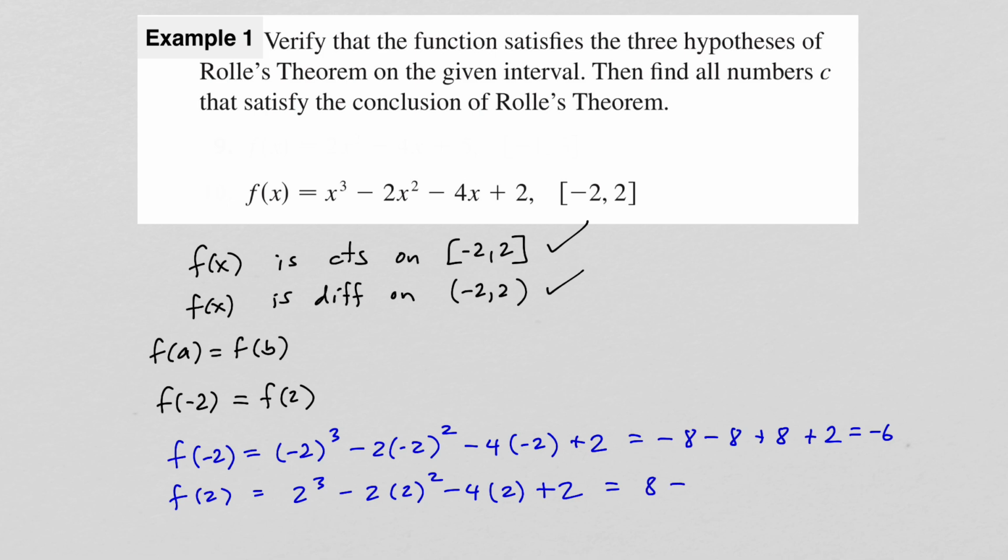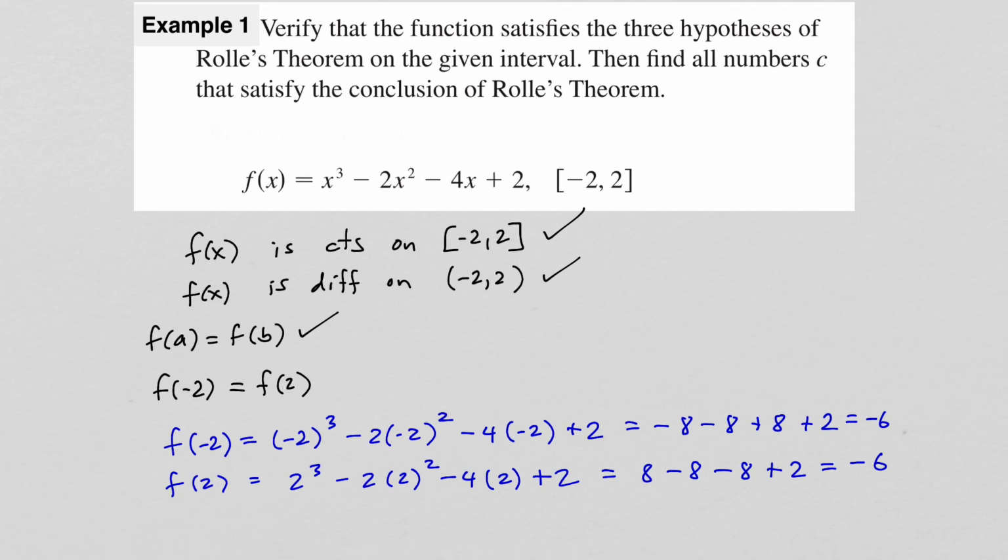And this is 8 minus 8 minus 8 plus 2, which is -6. So we now know that the three hypotheses of Rolle's theorem are true.